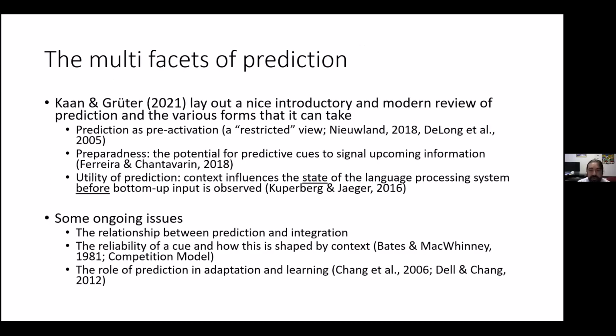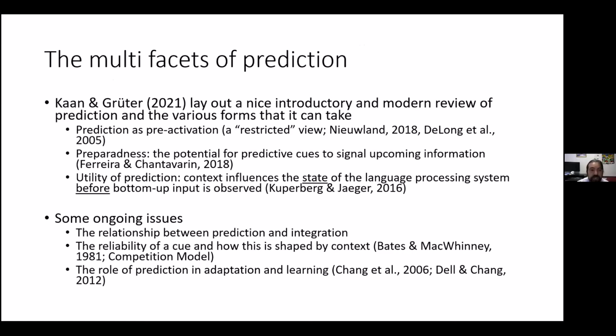Now, there's a very recent chapter in a newly published volume on L2 processing and prediction by my colleagues Edith Kaan and Theres Grüter, where they lay out a very nice review of a modern take on what prediction means. I wanted to talk about this because I think it will help our discussion as we move forward.